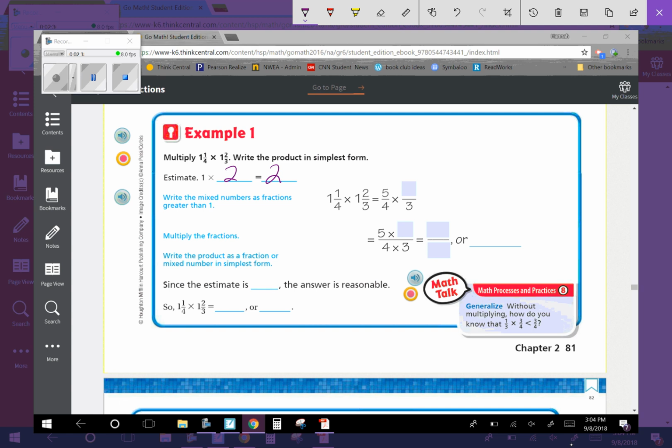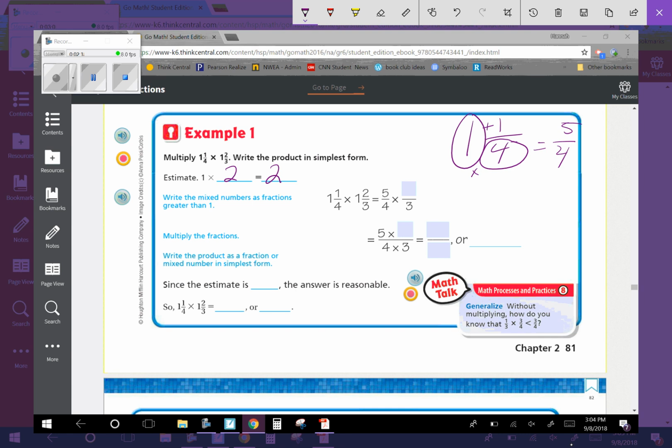Now we're going to have to write the mixed numbers as fractions greater than 1. So if I have 1 1/4, what you're going to do is you're going to take 4 times 1, and then you're going to add 1 and leave it over the denominator. So 4 times 1 is 4, plus 1 is 5. So that's going to equal 5/4.